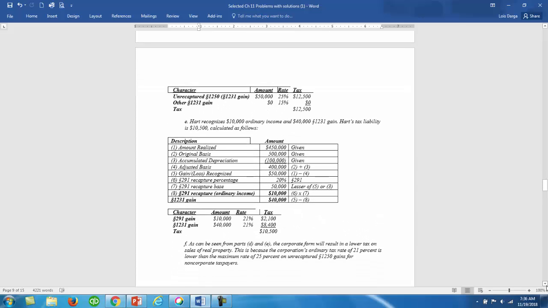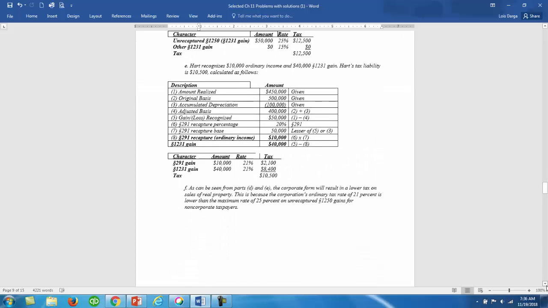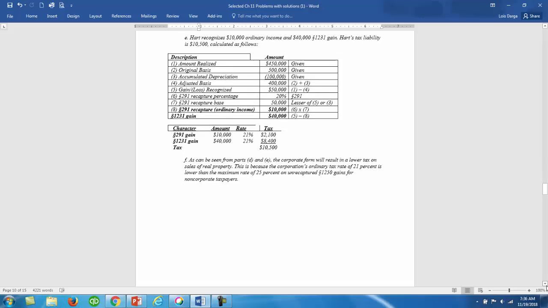In letter E, Hart is now a corporation rather than an individual.